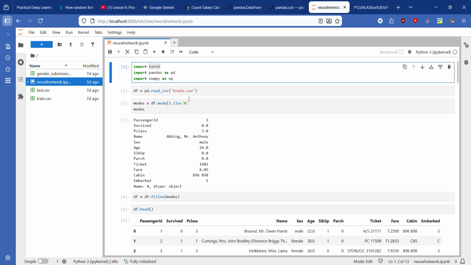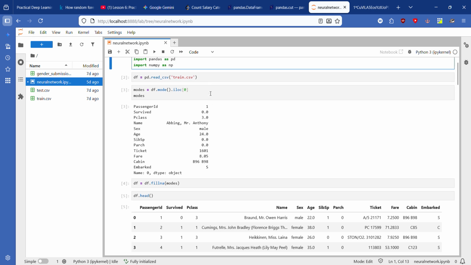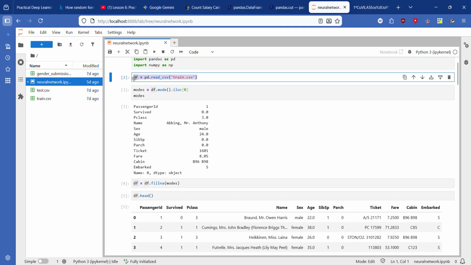So I could talk a lot more about it, but I'm not going to just because that's not the focus of this video. But yeah, we use pandas to first read the train.csv file.